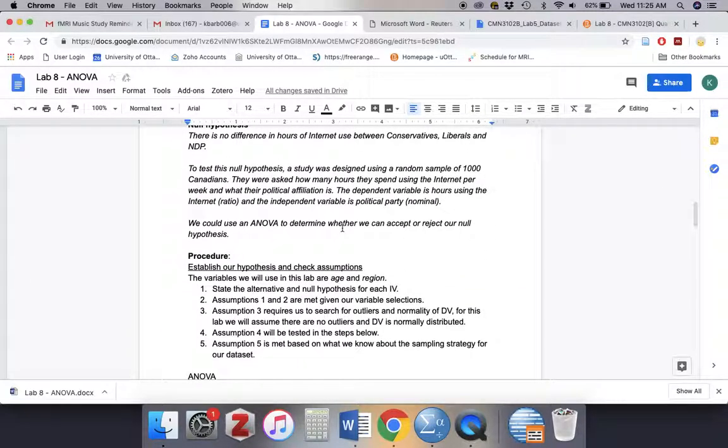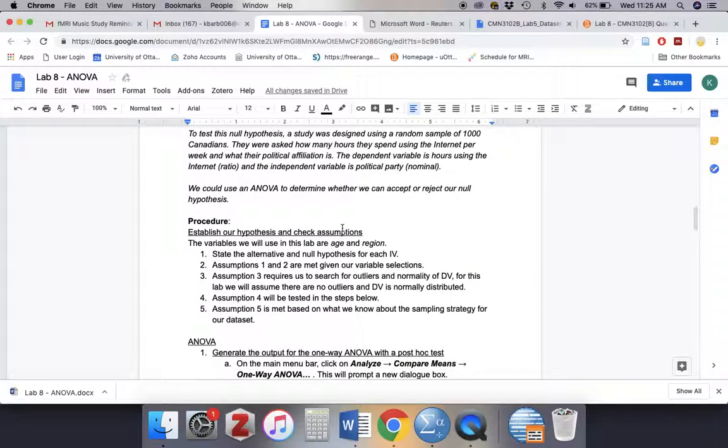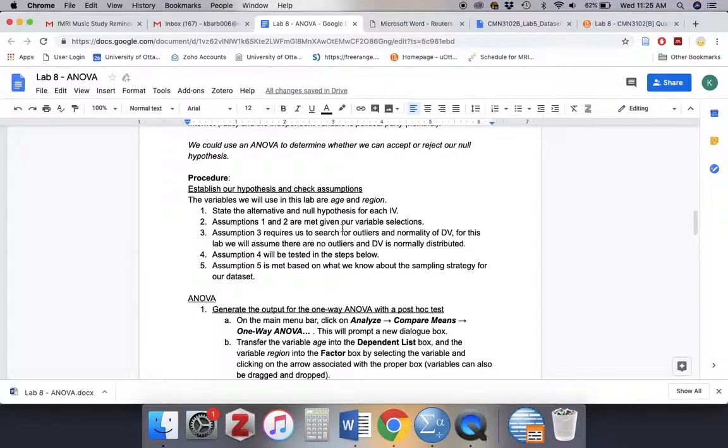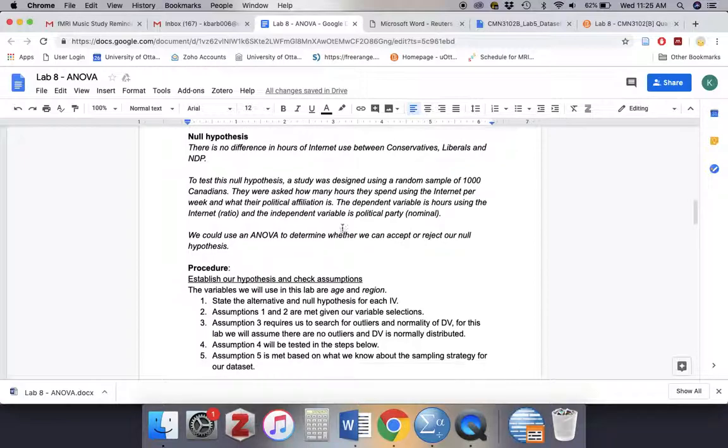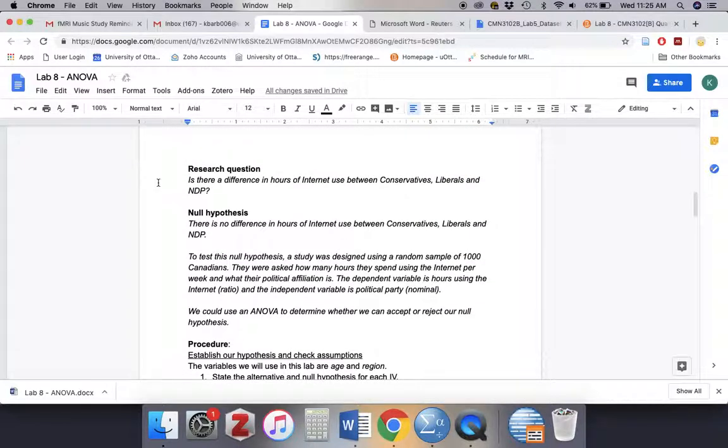So first off, we're going to start by writing down our alternative and null hypotheses for each IV. Basically, we will have to write out statements as such. The null hypothesis is always that there are no differences between the groups on the DV.